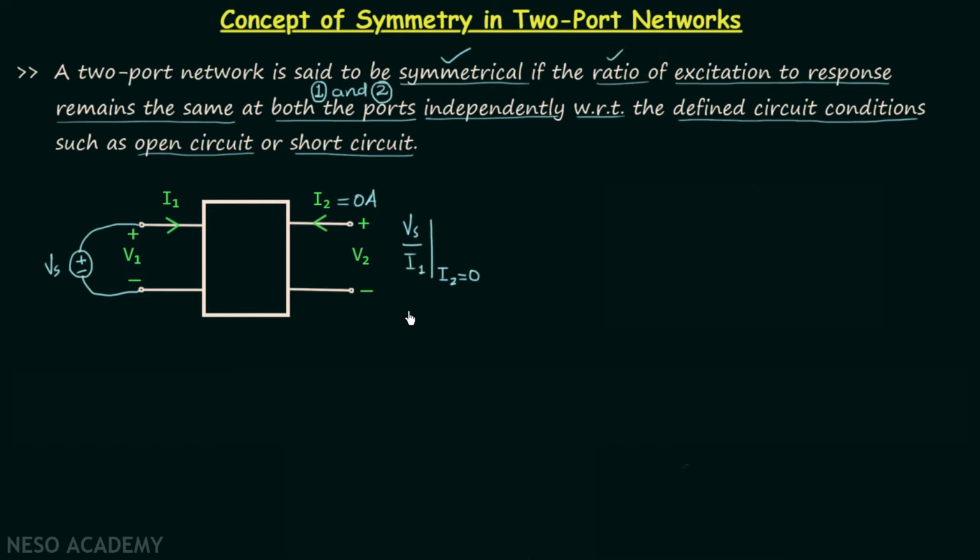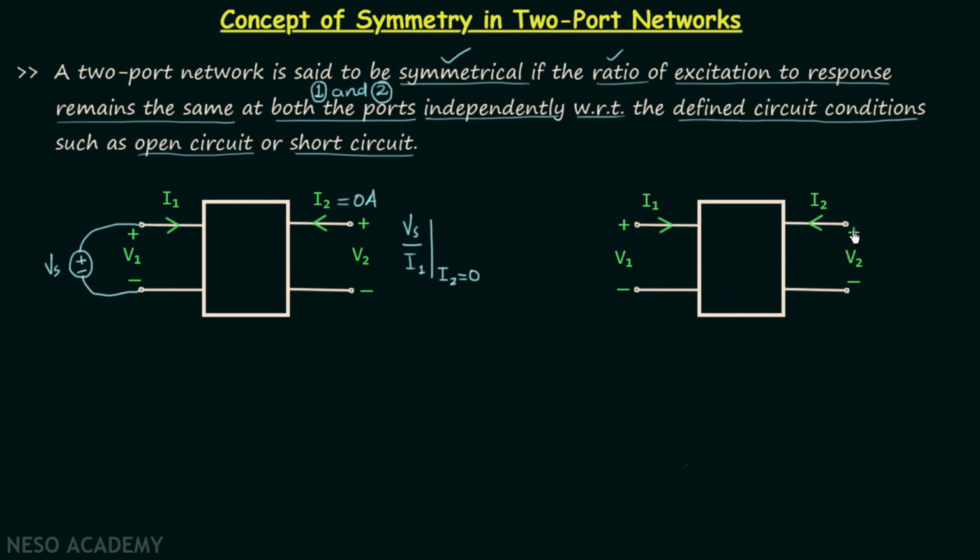Now we will take the same two-port network and this time we will connect the same voltage source providing the voltage Vs, but this time we will connect it between the two terminals of port number 2, and we will open circuit the port number 1, and therefore I1 will be equal to 0 ampere.